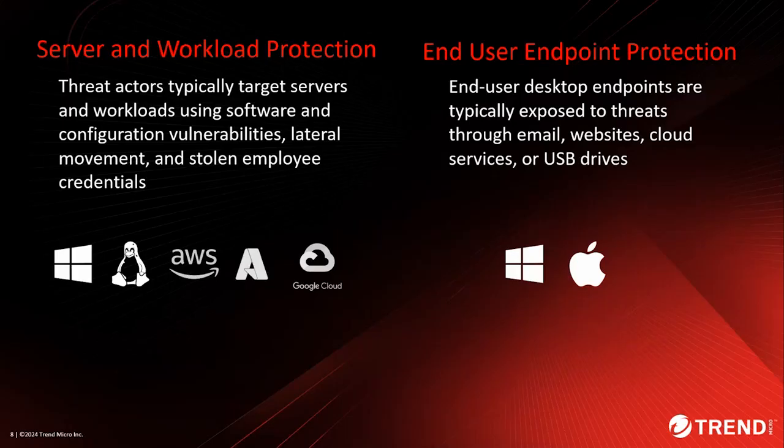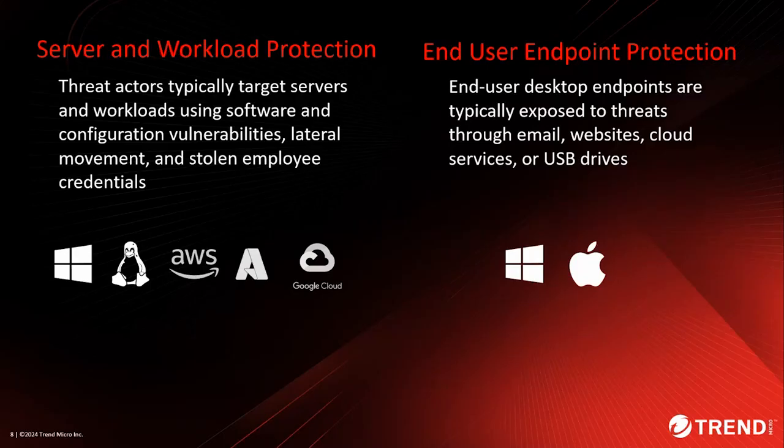For instance, an attacker might initially compromise a user's desktop and then use it as a base to infiltrate deeper into your network. They might use tools like Mimikatz to steal credentials from your employees and navigate through your environment undetected. Now, this kind of threat is less about direct attacks, such as those you'd see with phishing emails on desktops, and more about exploiting the interconnected nature of your systems.